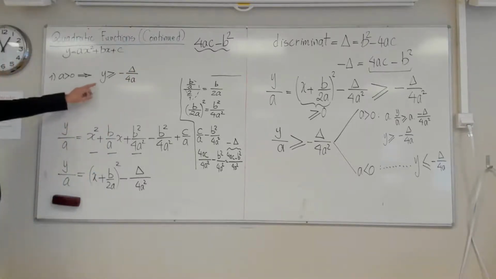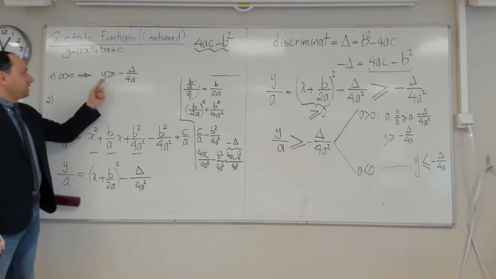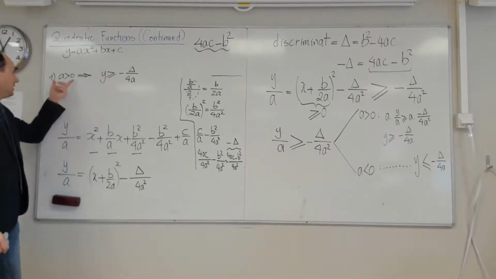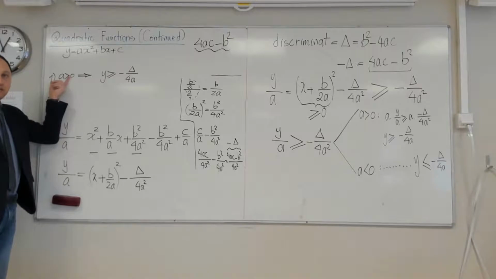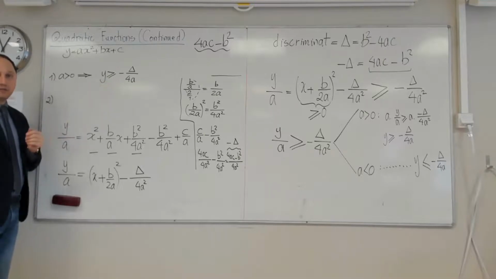So if I ask you, do you have a minimum or a maximum for y? You say a minimum because you say y is greater than or equal to this. So I am done. Actually, this is a rigorous mathematical proof for that claim. If a is positive, I have a minimum value for y.